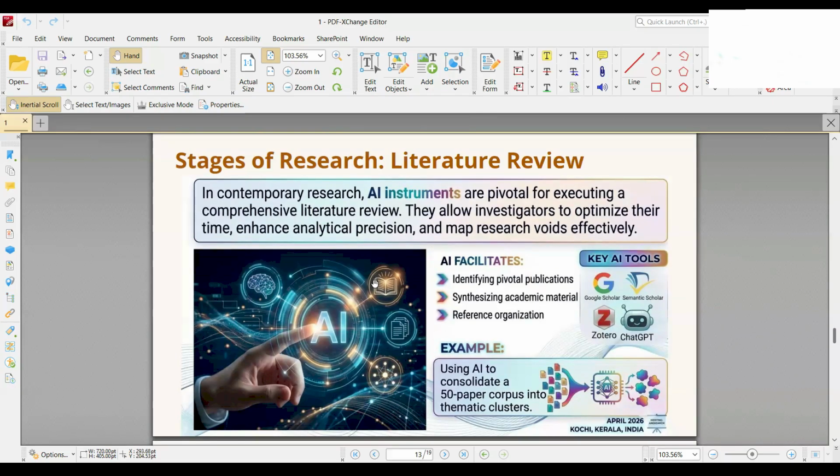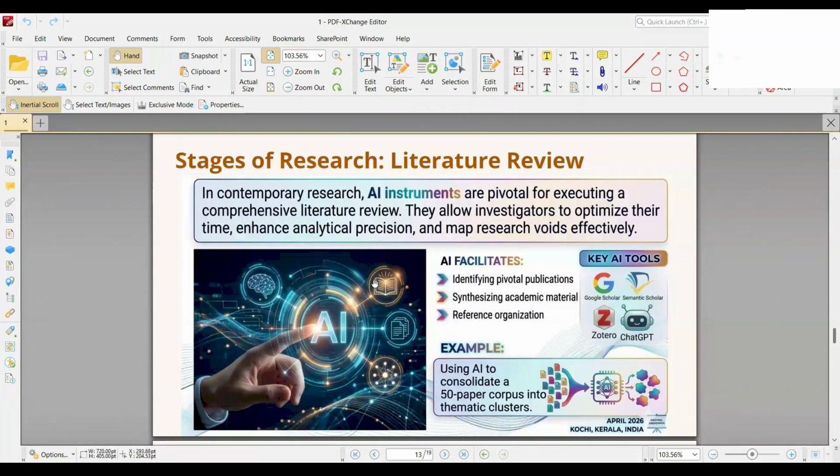Instead of getting bogged down by hundreds of disjointed papers, we can now use tools like Google Scholar, Semantic Scholar, and ChatGPT to identify publications and map out research voids in a fraction of the time.